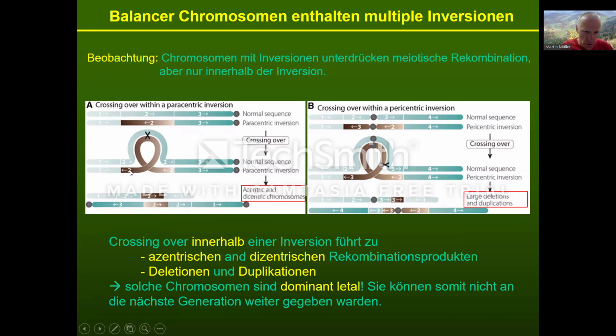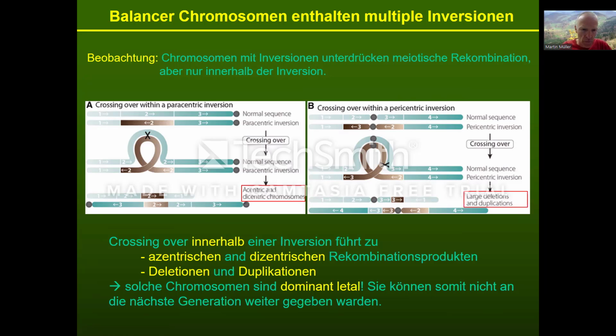So you come here and then you move over and you continue here, or you come in here, you move over and you continue here. At the end of the day, you will have a chromosome which has no centromeres and a chromosome which has two centromeres.